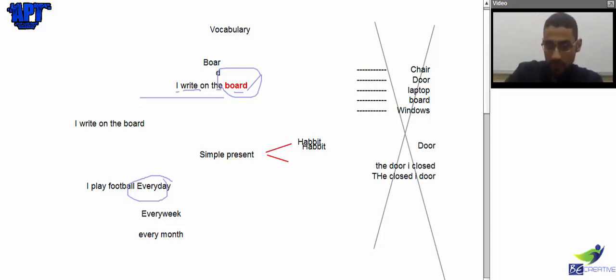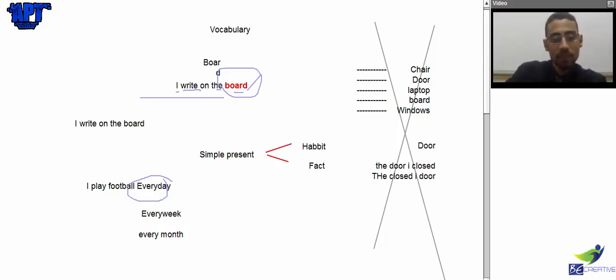Does it have another usage? Yes, it has another usage: for something called a fact. Habit or fact. What is a fact? Let's give an example for the fact before we explain.